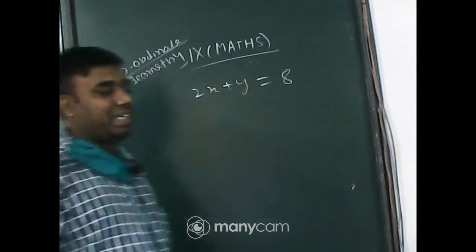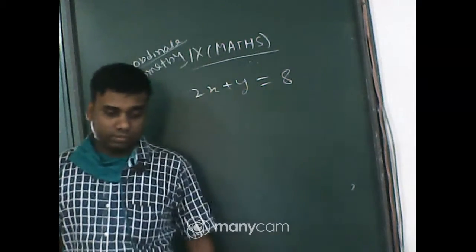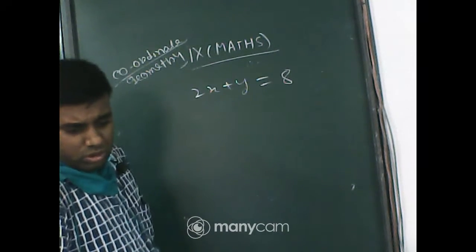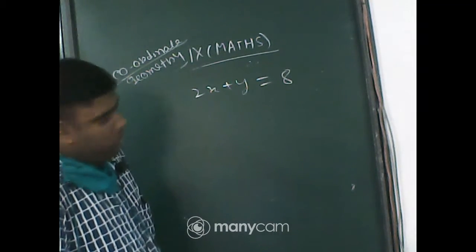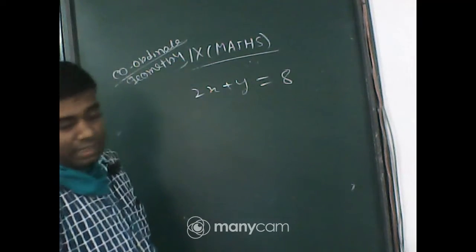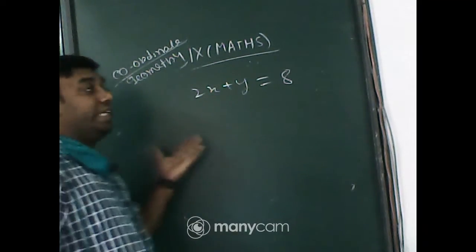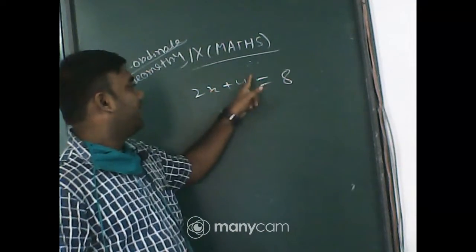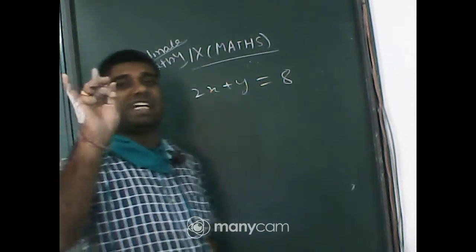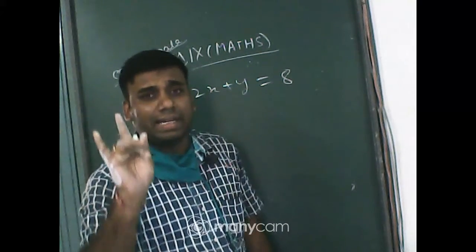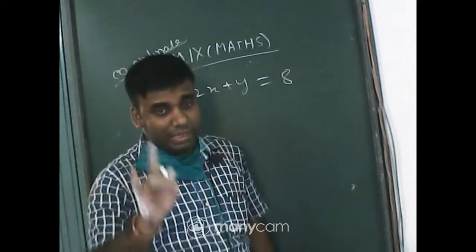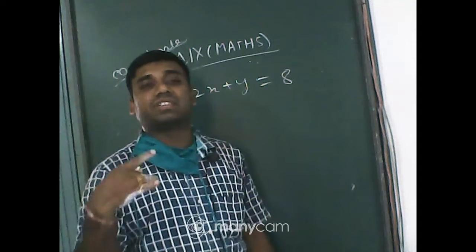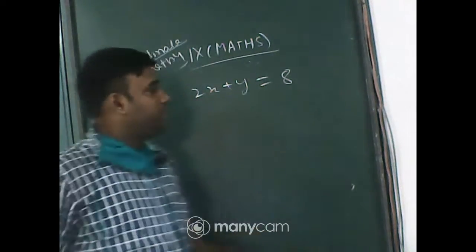Quickly. 2x plus y equals 8 is a linear equation. Yes, it is linear. I have told you, as the power, the degree of all the variables is 1, it is a linear equation. And a linear equation represents a straight line.